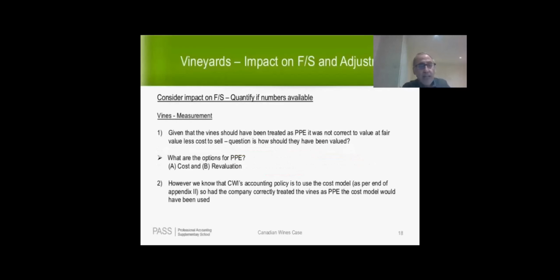So the question now is, how should they have been valued? What are the options for PPE? I think you probably all remember from the lectures, there are really two options when you're dealing with PPE, cost and revaluation. However, we know that CWI's accounting policy is not to use the revaluation method.